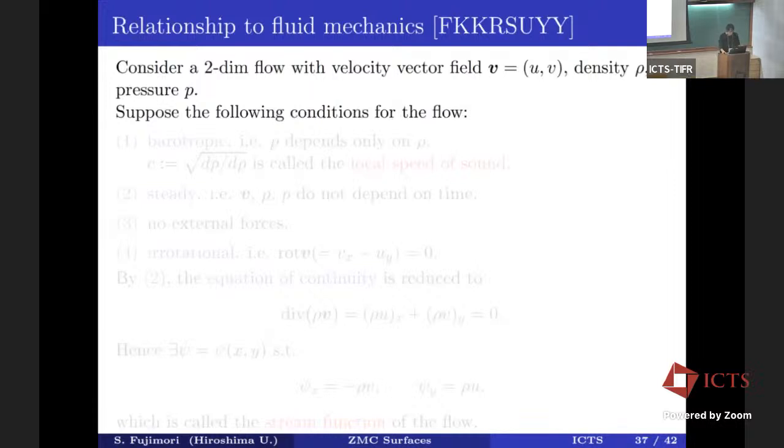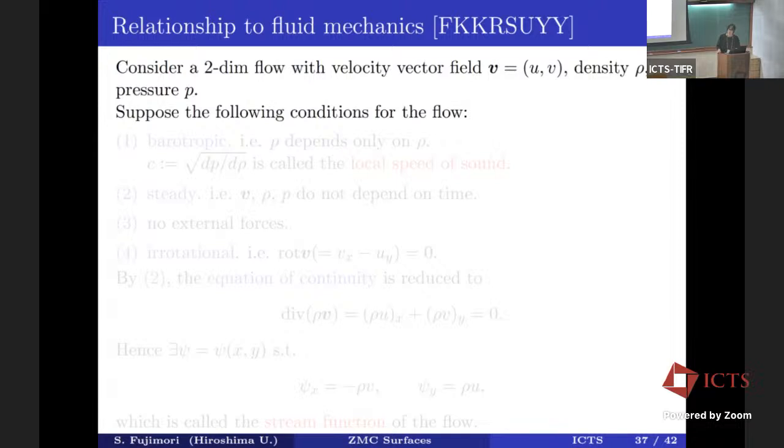So finally, let me introduce some relationship to fluid mechanics. We searched the zero mean curvature surface equation, and we happened to see that some equation is very similar to an equation in fluid mechanics.